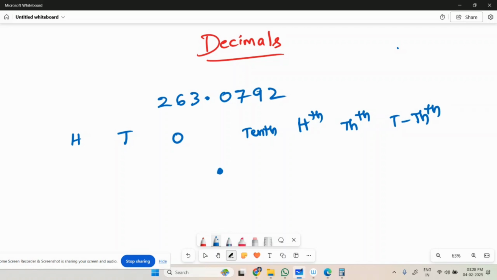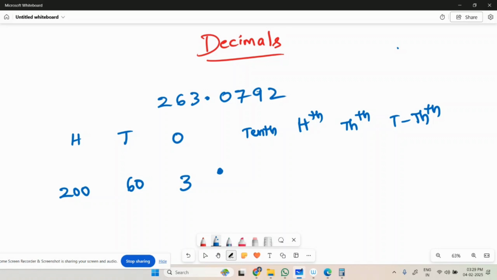Like on the left side of the decimal point, you have the whole number part. First number is 3. So 3 times 1 is 3. Next, in the tens place you have 6. 6 times 10 is 60. In the hundreds place, 2 is there. So 2 times 100 is 200. These are the whole number part place values.